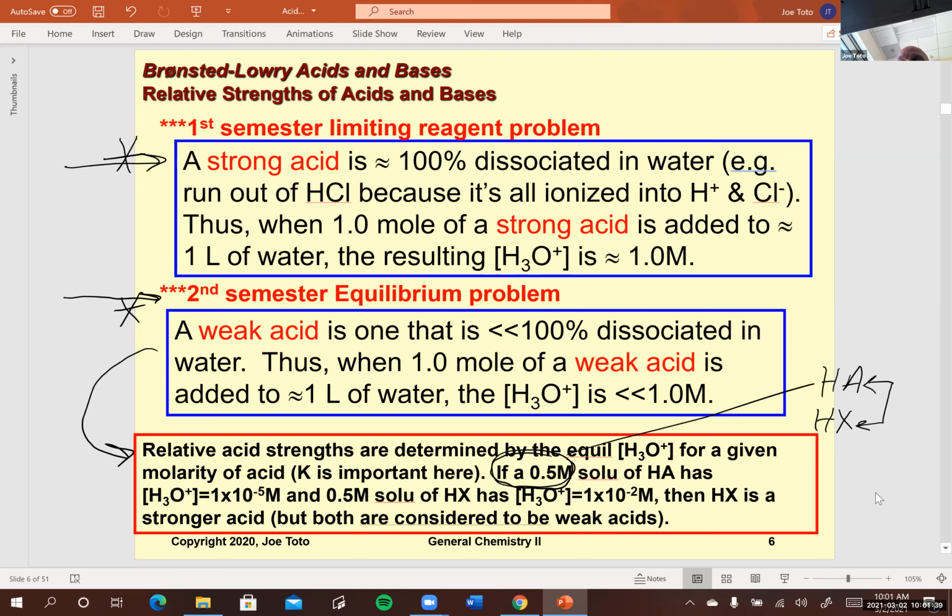So I'm going to be able to say, well, because of the equilibrium constant, this acid, HX, creates this much proton or hydronium ion, whereas the other one only creates this amount. So HX is a stronger acid than HA, but I have to watch out. I have to realize that HX is still a weak acid, even though it's stronger than another weak acid.